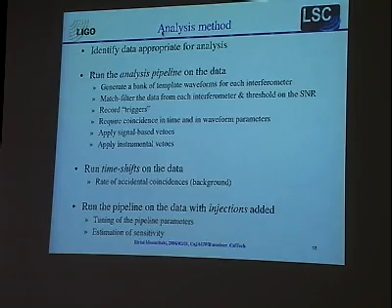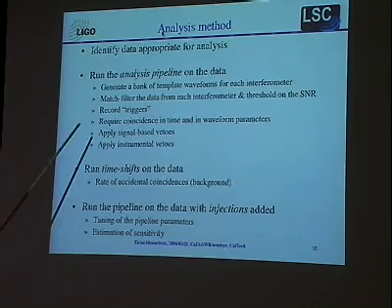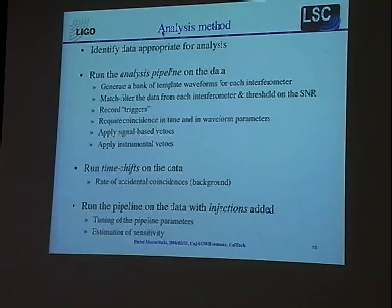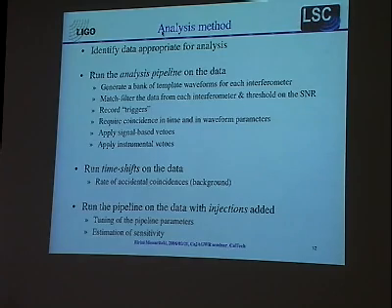Then we run the analysis pipeline on the data, and the analysis pipeline consists of these 6 things in principle. The first thing we do is we generate a template bank for the data for each interferometer. And the template bank basically spans the mass space that we're interested in each search. We use those templates to match filter the data from each interferometer, and we threshold on the signal-to-noise ratio.